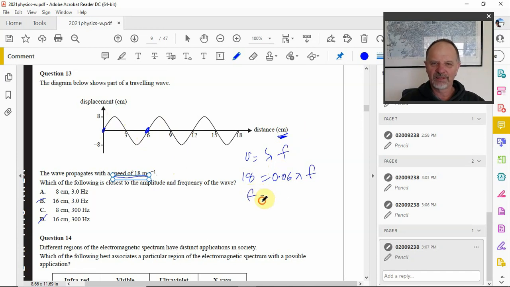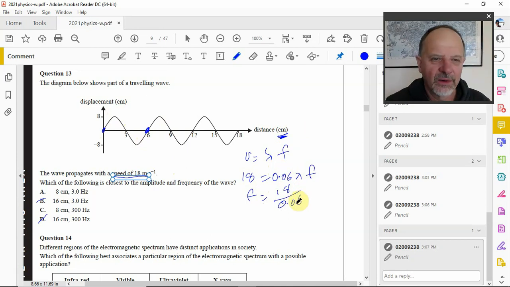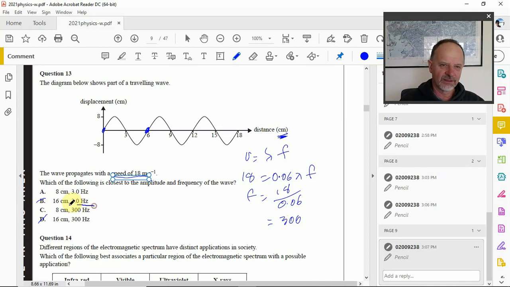So our frequency then is 18 over 0.06. And so when we do that, I reckon we're going to get 300, aren't we? And so C is our answer.